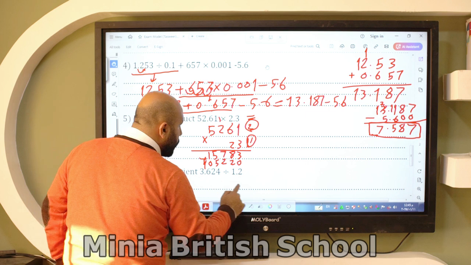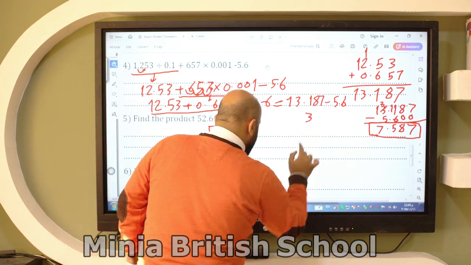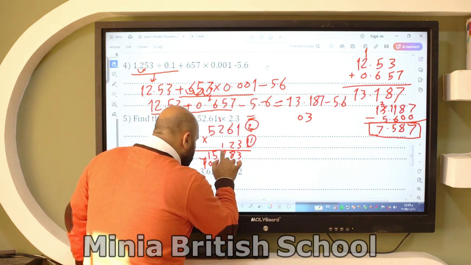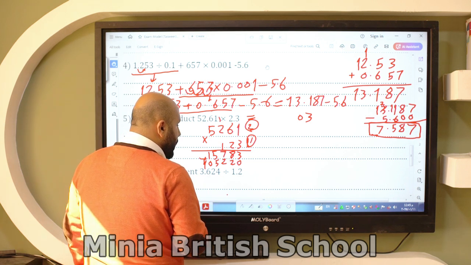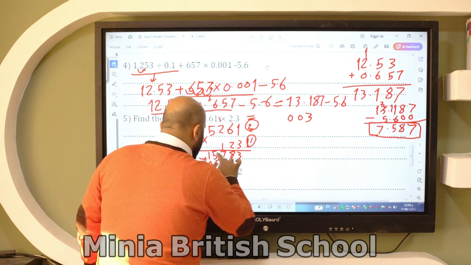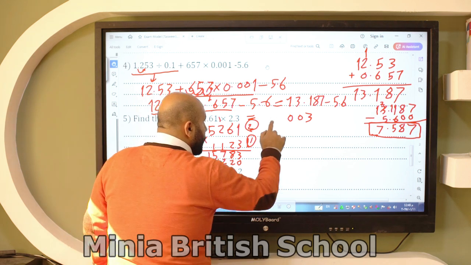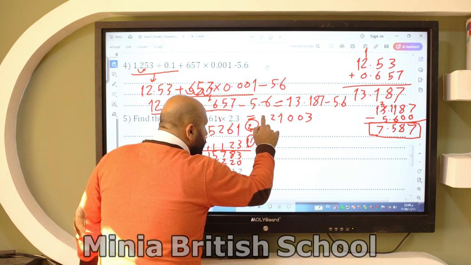And let's add them all together. 0 plus 3 equals 3. 8 plus 2 equals 10. 0, carry up 1. 1 plus 7 equals 8. 8 plus 2 equals 10. 0, carry up 1. 1 plus 5 equals 6 plus 5 equals 11. 1, carry up 1. 1 plus 1 equals 2, and finally drop the 1.